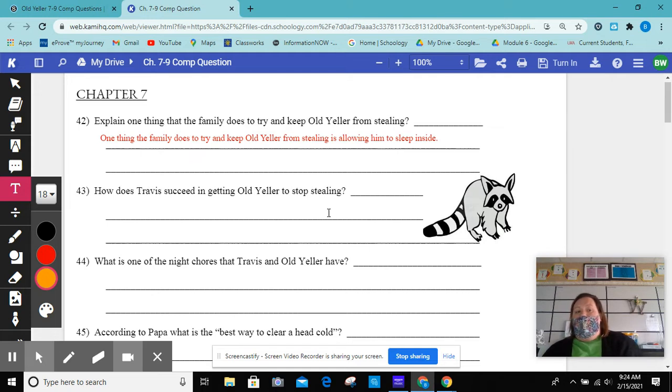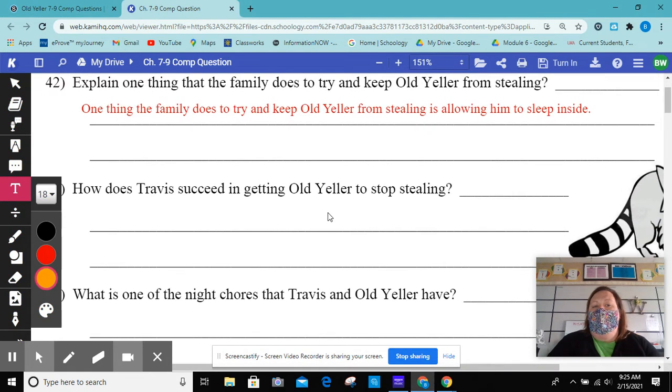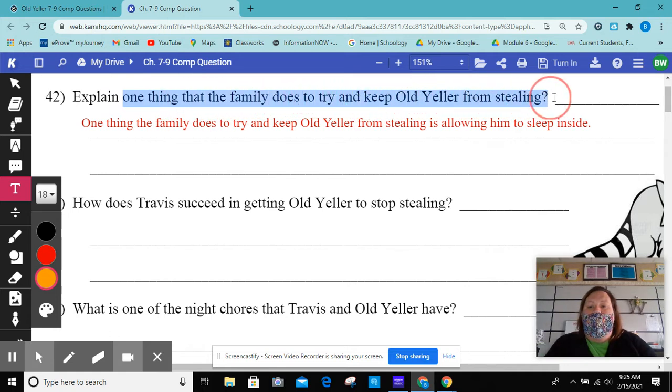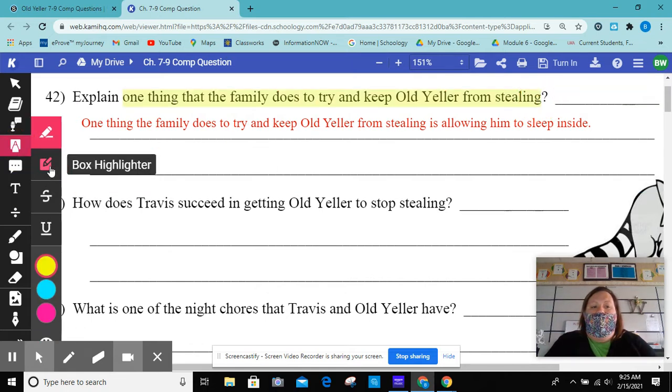Okay? I want everybody to open up this document real quick. Chapter 7, explain one thing that the family does to try to keep Old Yeller from stealing. All right, one thing the family does to try and keep Old Yeller from stealing is allowing him to sleep inside. I restated the question in my answer. Okay, I want you to do the same.